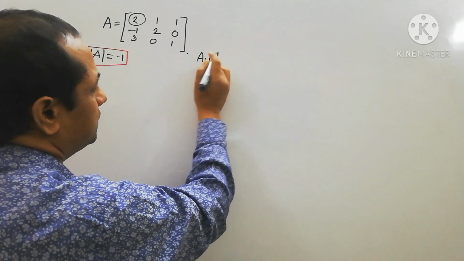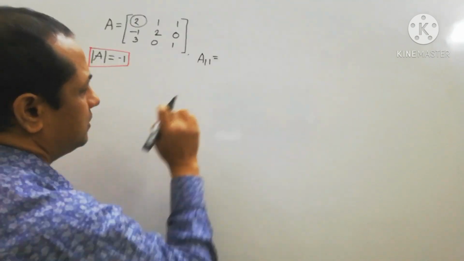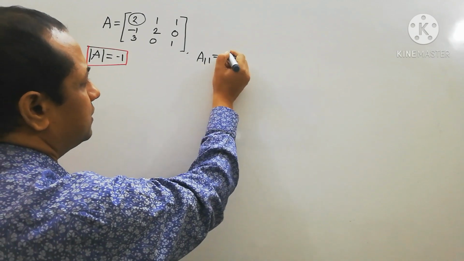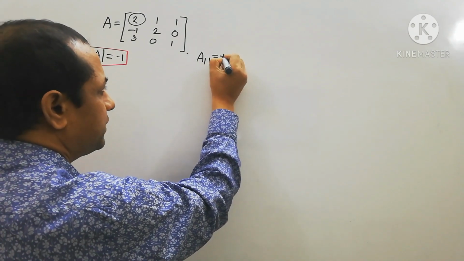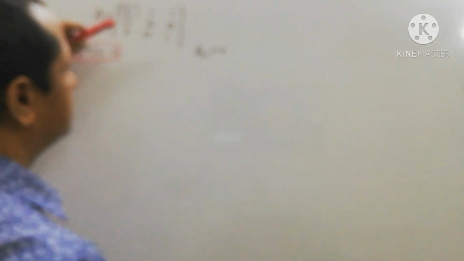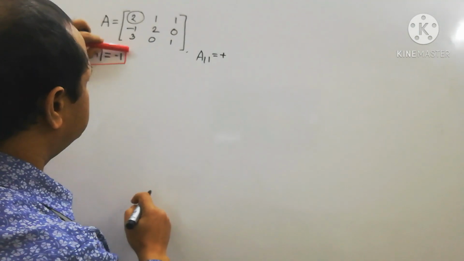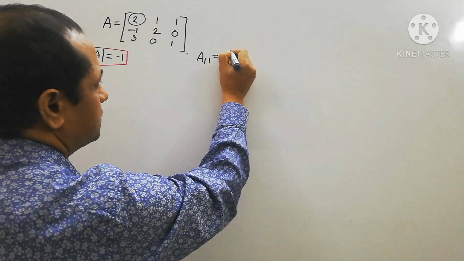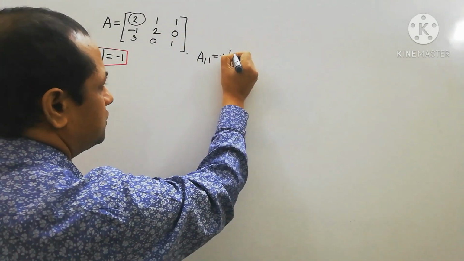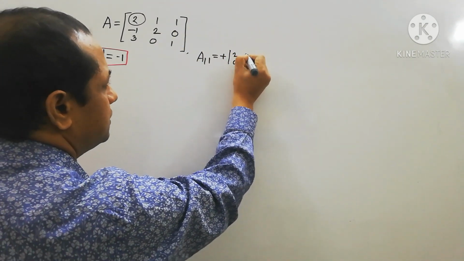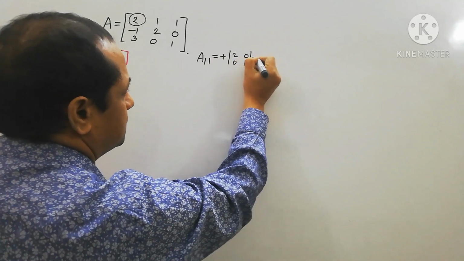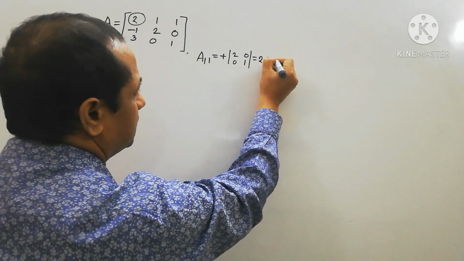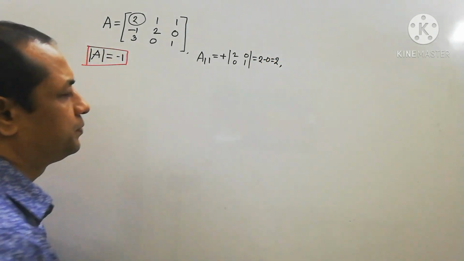The sum of number of row and number of column is an even number, so the cofactor is positive. So for A11, first row and first column are cancelled. The rest of the entries are 2, 0 and 0, 1. So students, here 2 into 1 minus 0 equals 2.